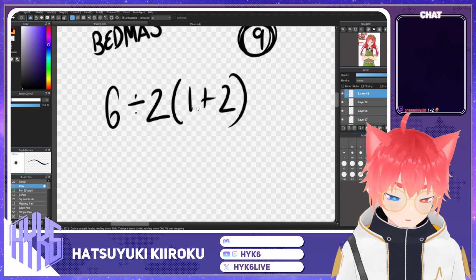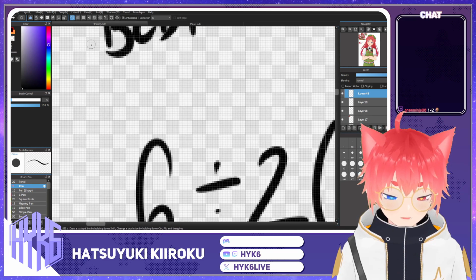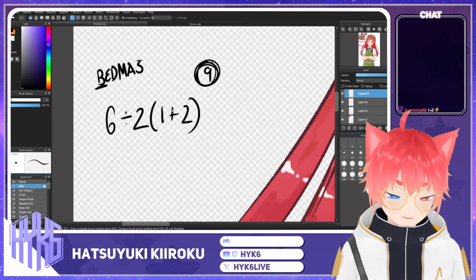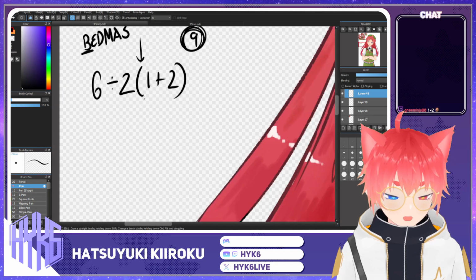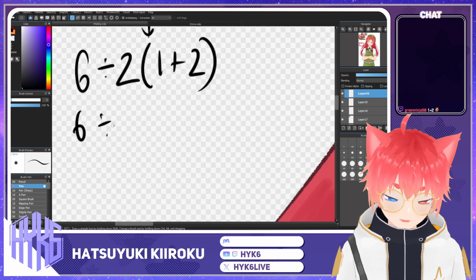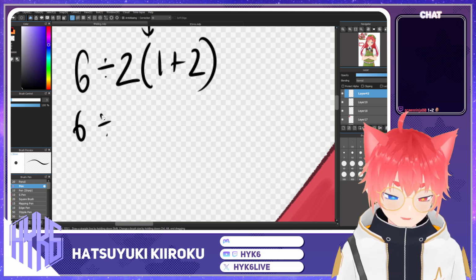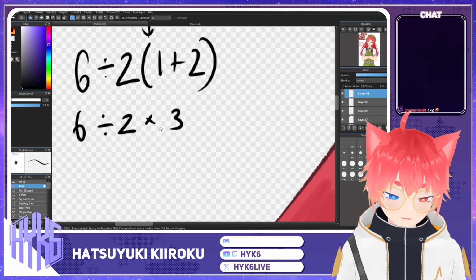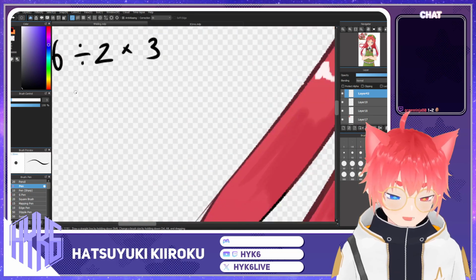So usually what you do, you start with B, or brackets, right here. So it would end up as 6 divided by 2 times 3, right? This is where people got confused.